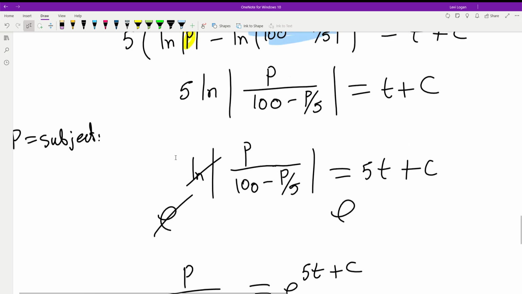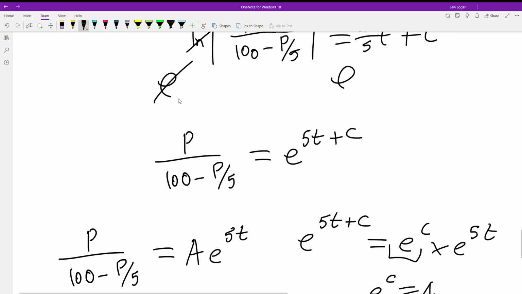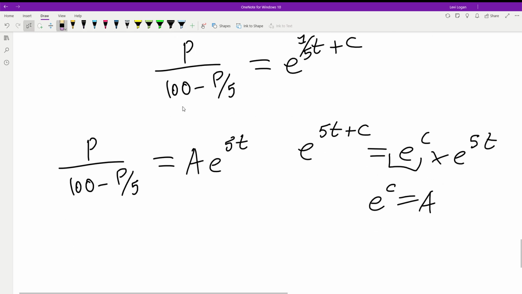Oh wait, let me just check I did the algebra. Sorry, that's meant to be a fifth, not 5, because I divided by 5. That was nearly a bit of a mistake, so that's a fifth. Doesn't change it anyway. It will change in the long run, but the algebra we just did there doesn't really change.